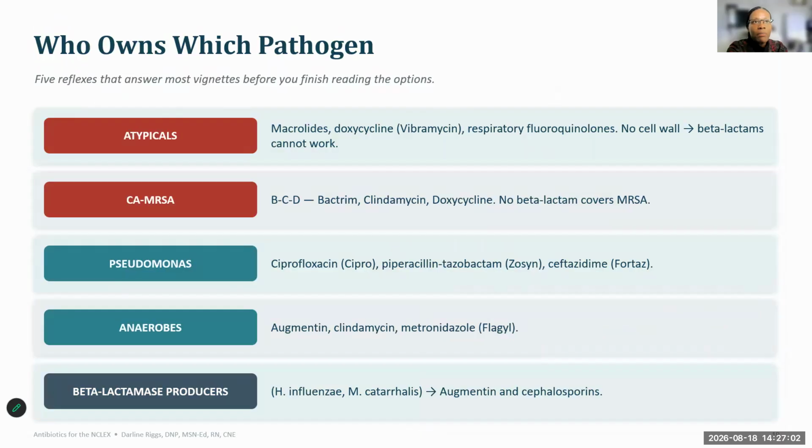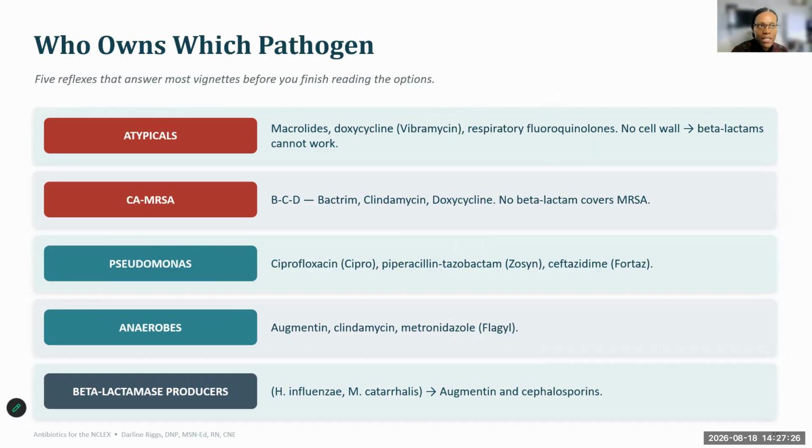So let's do a little bit of a recap. Who owns which pathogen? This is a refresher, okay? I'm going from the bottom up. Your H. influenzae: Augmentin, cephalosporins. Your anaerobes: Augmentin, clindamycin, and metronidazole.